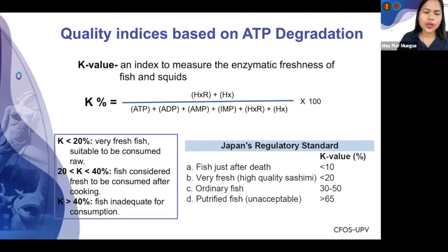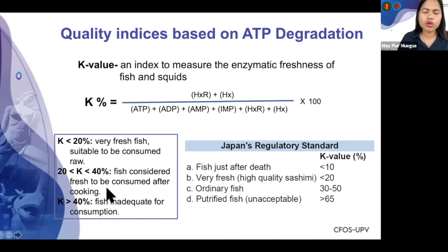So, if your K value is less than 20%, that's an indication that your fish is still very fresh, right? If the K value is between 20 to 40%, no, the fish is still considered fresh, no, to be consumed after cooking.